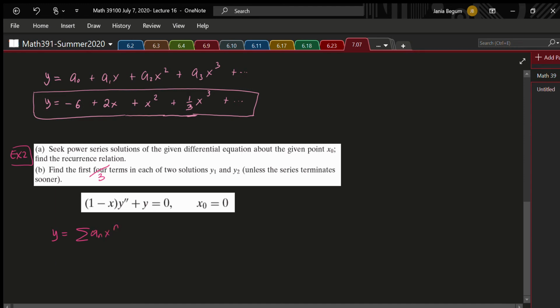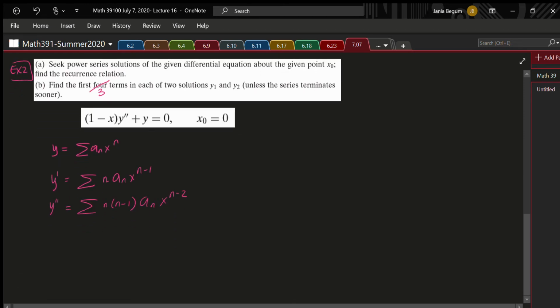That means y prime is going to be the sum of n times a_n x to the n minus 1, and y double prime is going to be the sum of n times n minus 1, a_n x to the n minus 2. Okay, now let's plug these into our expression.